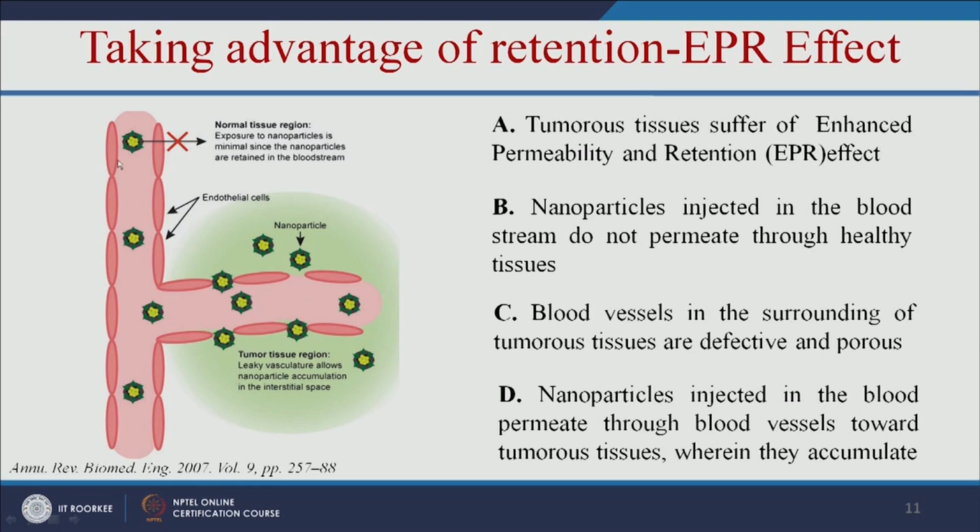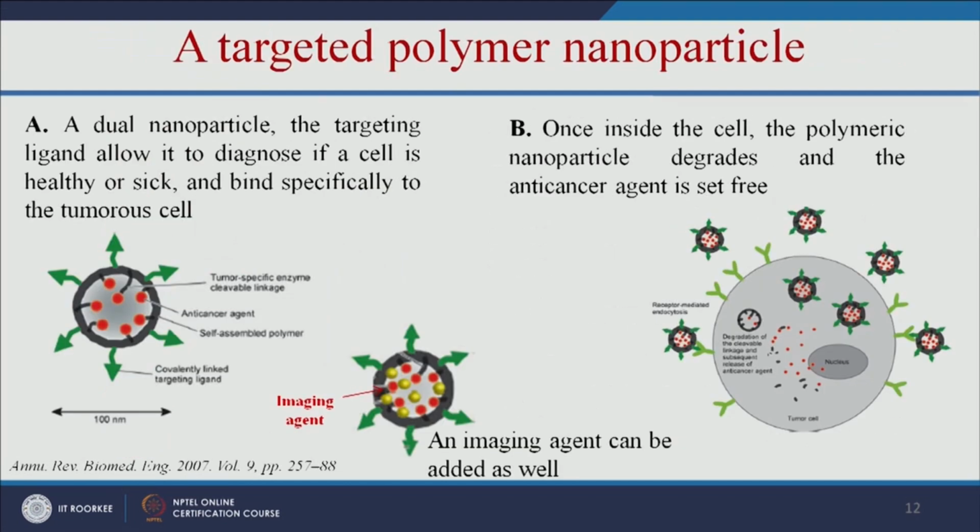Here you can see this is a normal tissue region, there is no damage of blood vessels, there are no leaky blood vessels, but in this tumor tissue region you have leaky vasculature. Which will allow the nanoparticles to accumulate in the tumor location, and it will release the drug and it can kill the tumor cells. So this is called passive targeting.